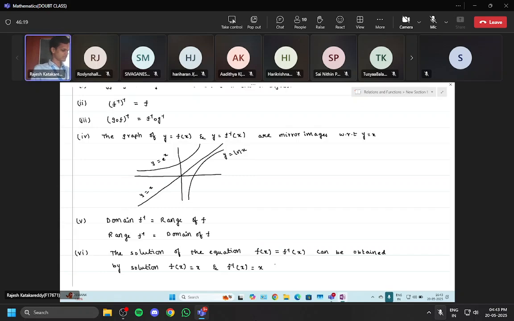Let's say they have given a non-uniform function. Now we will see how to find the inverse. After finishing that, we will go to the next concept. For this, I am taking page 58, problem 6.